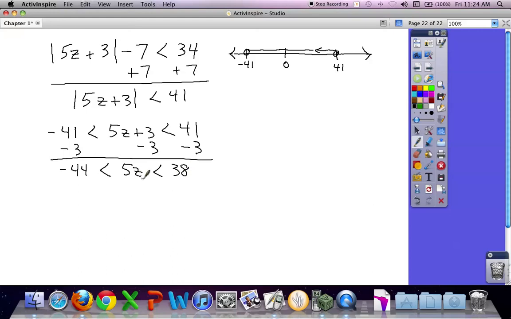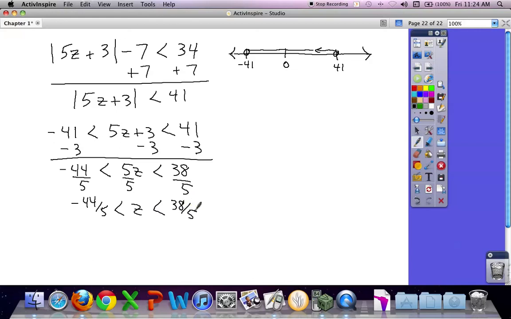Okay. Now, I still have to isolate z, so I divide by 5, divide by 5, divide by 5. And this gives me negative 44 over 5 is less than z is less than 38 over 5.